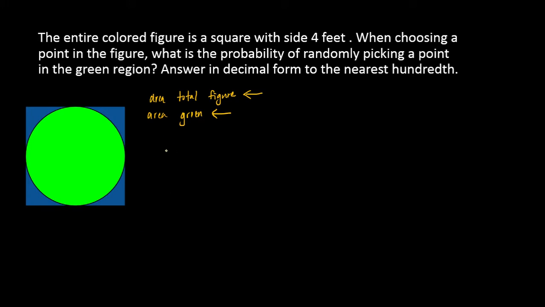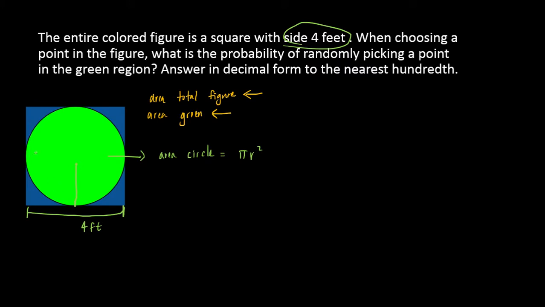So let's start with figuring out the area of this green circle. The area of the circle equals pi r squared. If the side of the square is 4 feet, then this is also the diameter of my circle, which means my radius will be half of it, right?